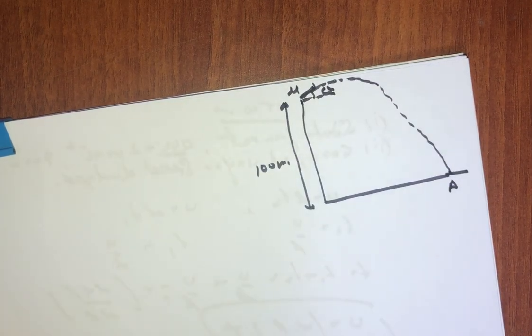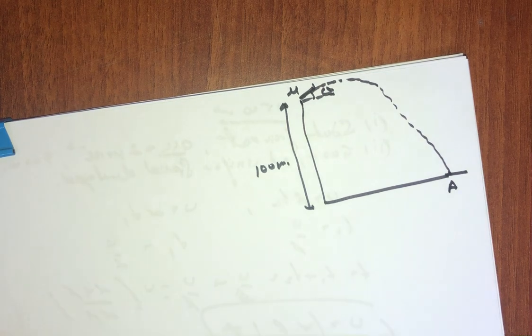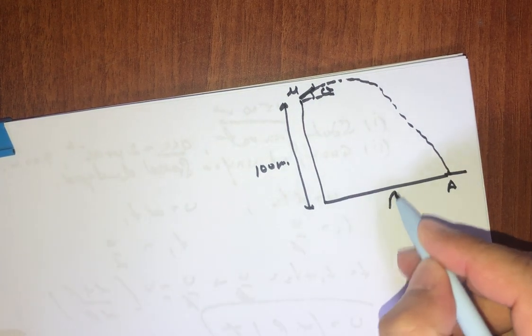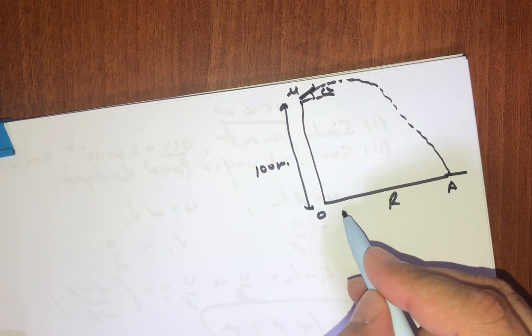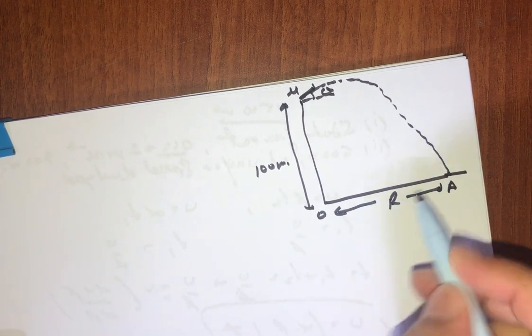Let us suppose this is the origin O, and R is the range on the ground.